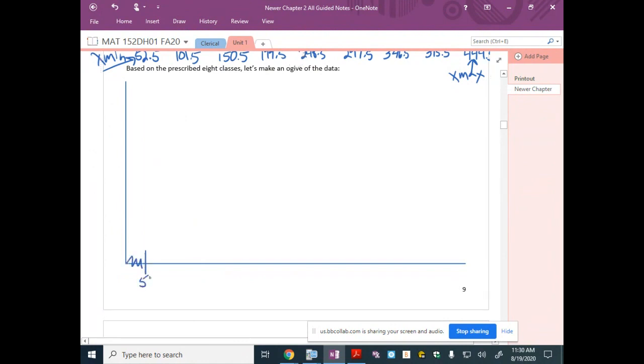So 52.5, and the cumulative frequency, the max is 50.